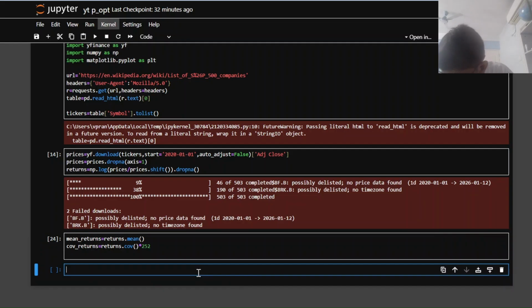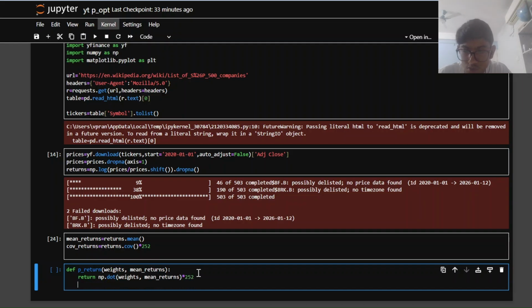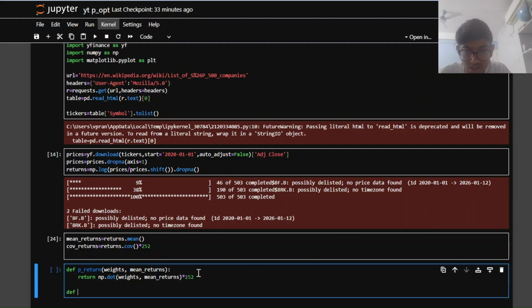And then we'll define our functions for portfolio return and portfolio risk. This function will take in the weights and the mean returns, and return np dot dot of weights and mean returns, right? And times 252 for annualization.